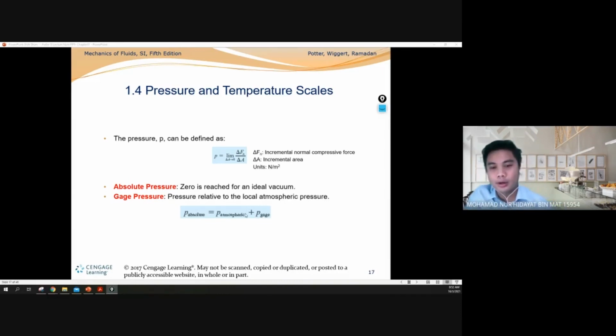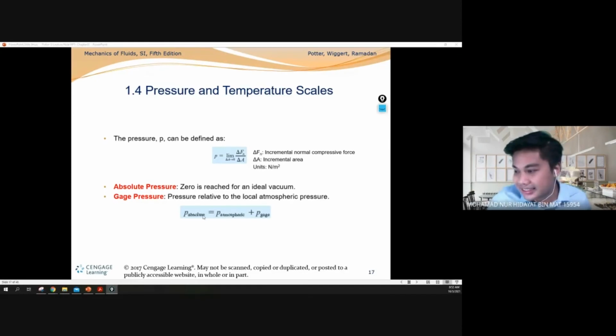I believe this is very important because you need to understand the pressure categories. We have the absolute pressure, which means we start from the zero reference. The gauge pressure means we start from the atmospheric pressure.